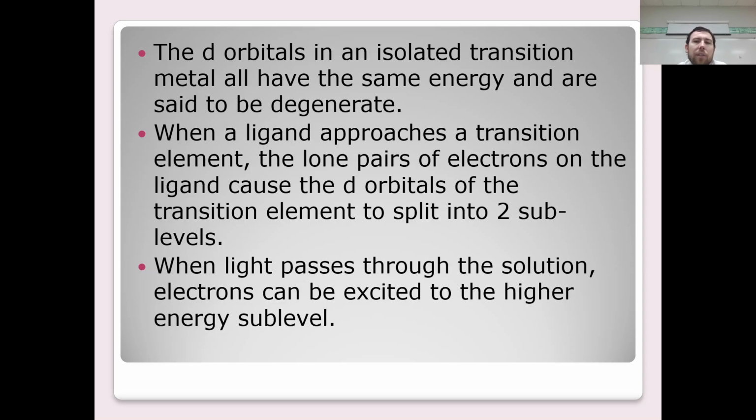Now, when light passes through the solution, the electrons in that lower section can be excited and moved into those higher orbitals within that d sublevel. And when that happens, that's when we see that transmission of light within our solution.